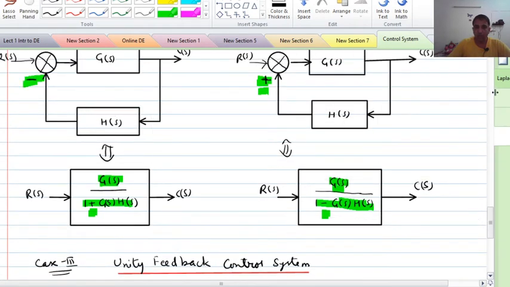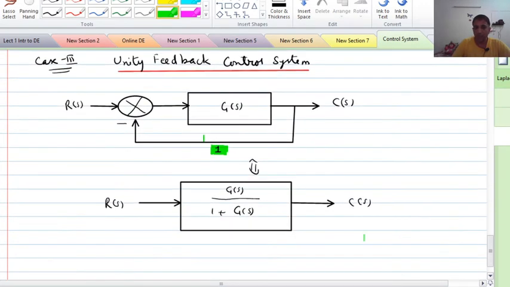In both these cases, Hs becomes 1, and we will get the output as Gs divided by 1 plus Gs, or if there is a plus sign here, then we will get minus here. So correspondingly, minus plus will be reflected as plus minus in this case.